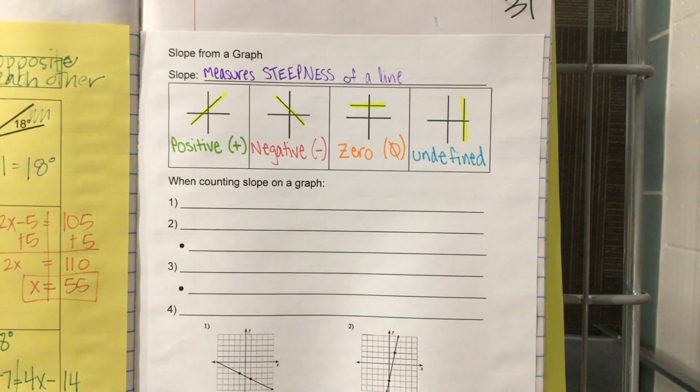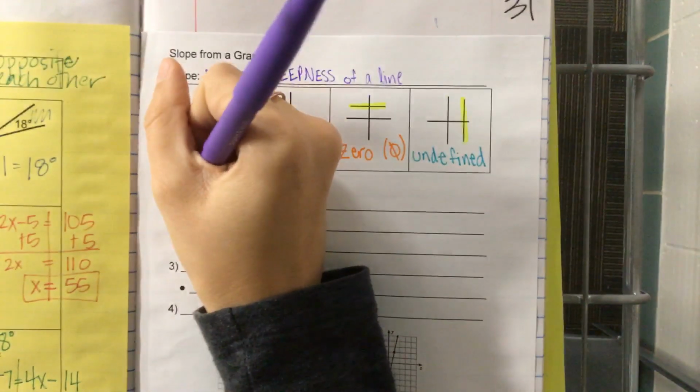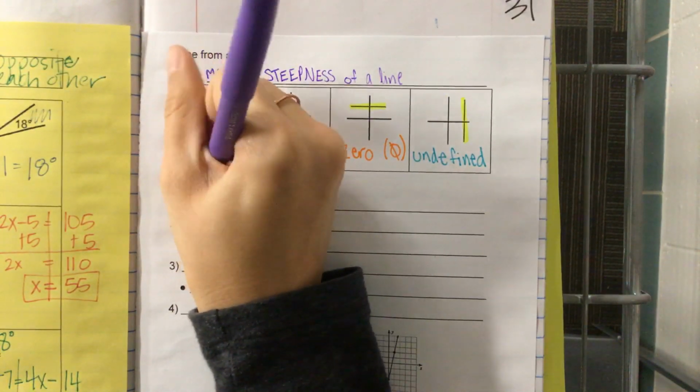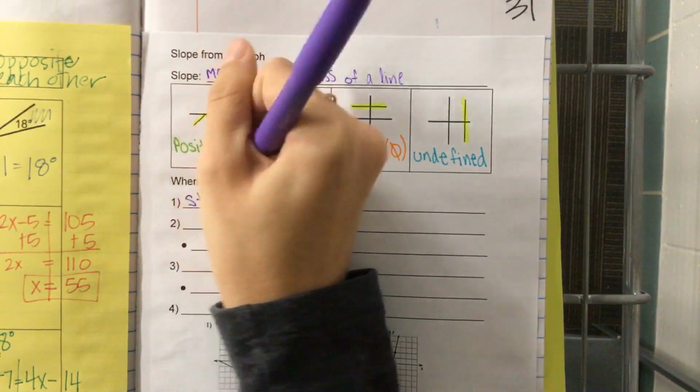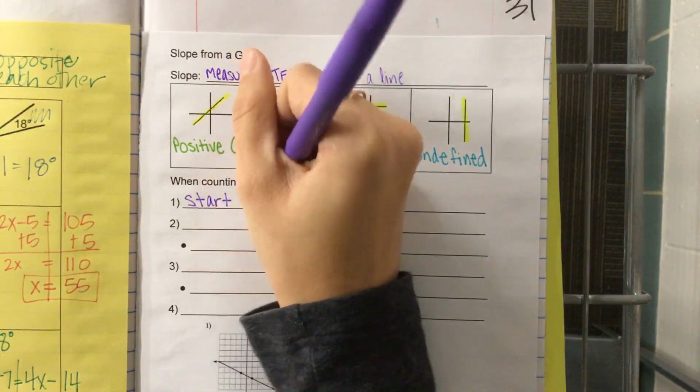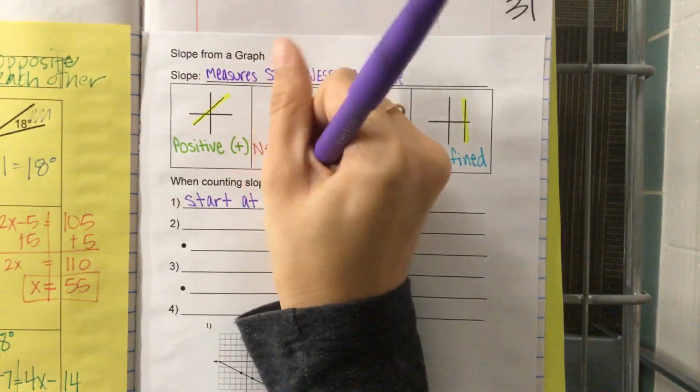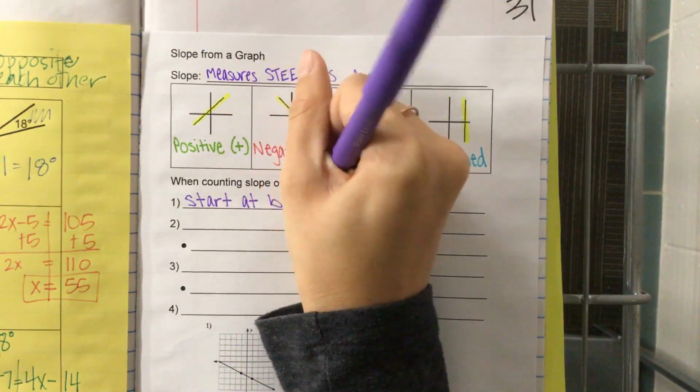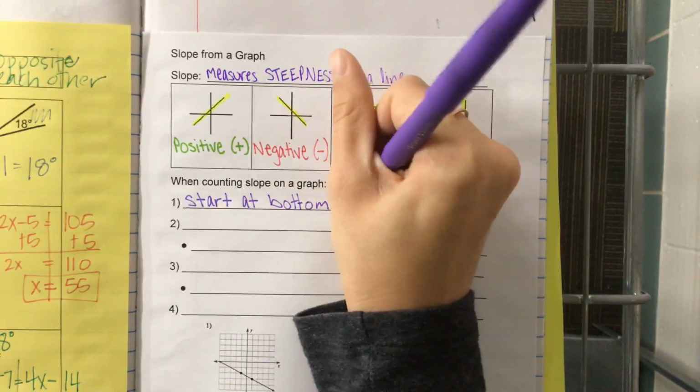So here are our steps for counting slope on a graph. First step, you're going to start at the bottom dot.